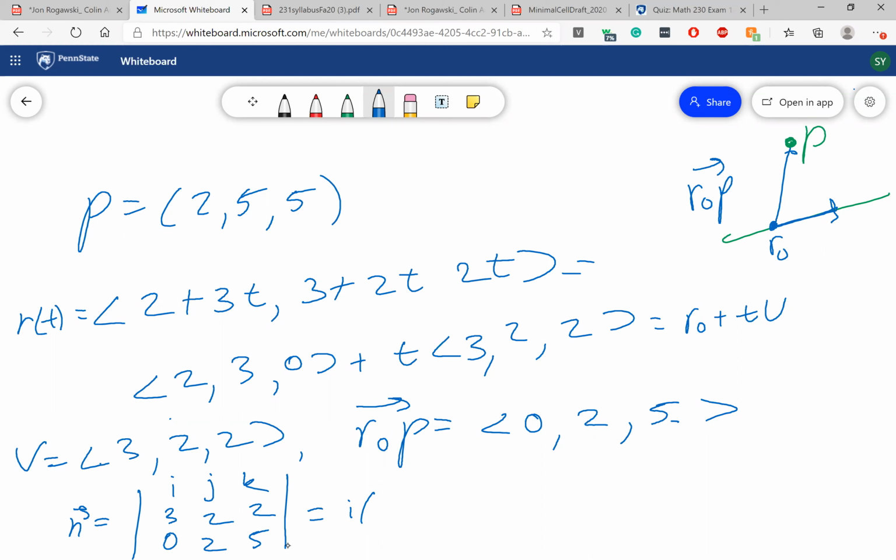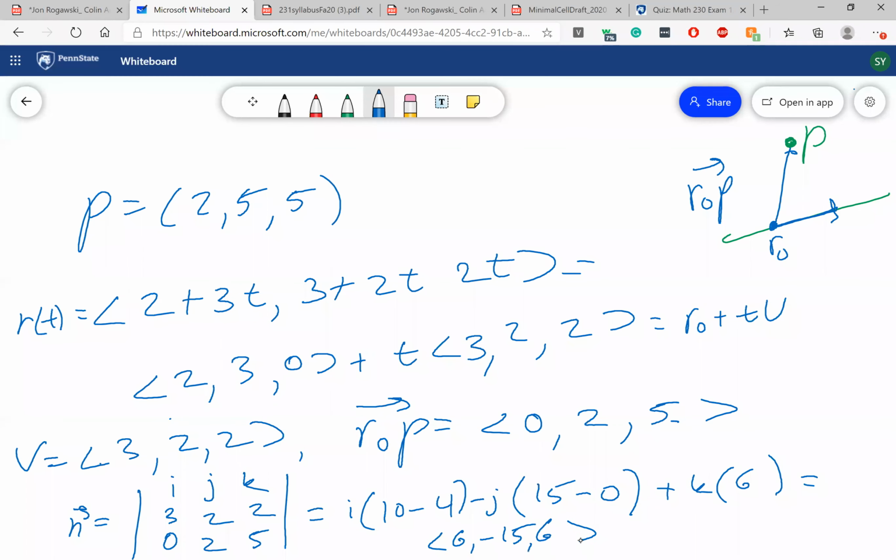And this is i times (10 minus 4) minus j times (15 minus 0) plus k times 6, which is going to be the vector 6, negative 15, and 6. So this is our normal vector.